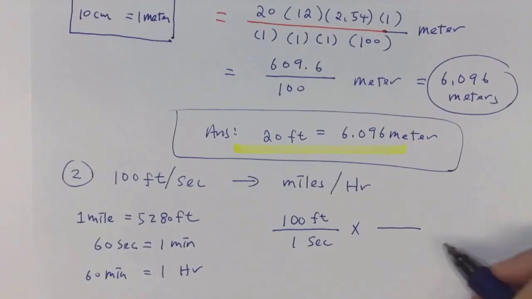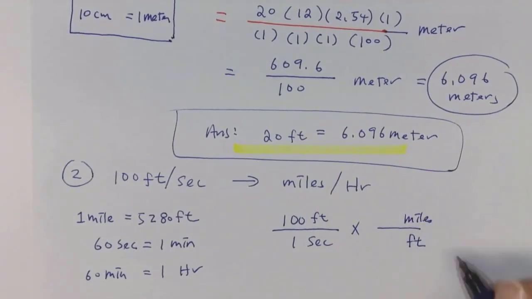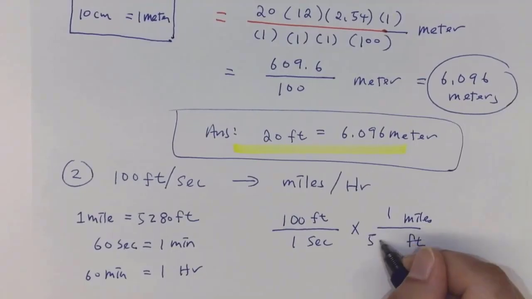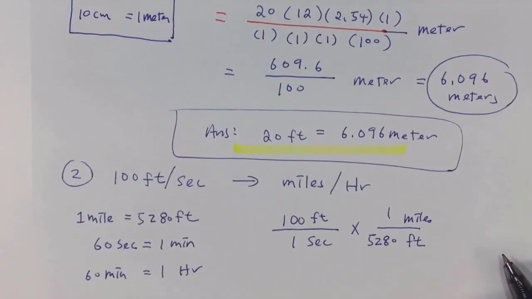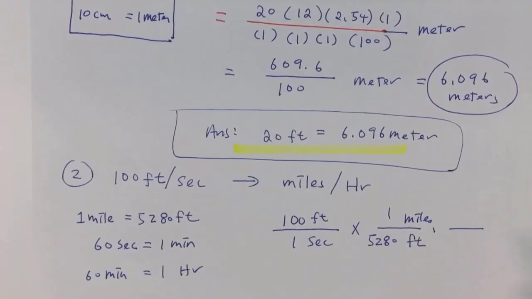So I'm going to put feet at the bottom and put miles on top. So what do I put on top for number? 1 miles equal to 5,280 feet.